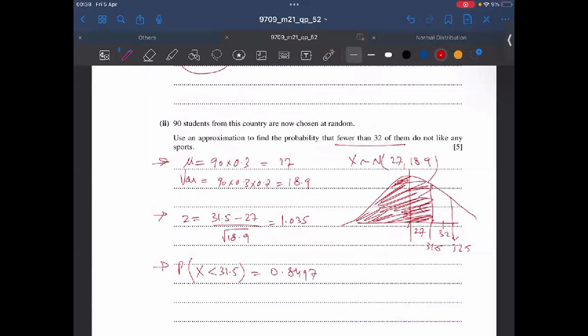And that's what we will be using, because the region representing X less than 31.5 covers more than 50%. So that's the probability that we have got, and we're going to use that.